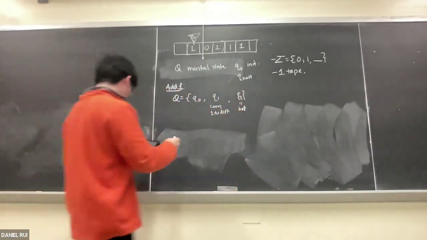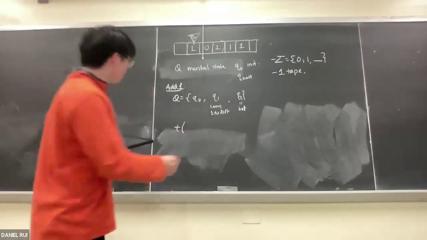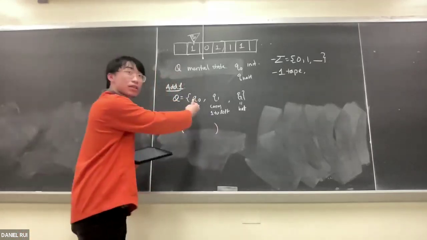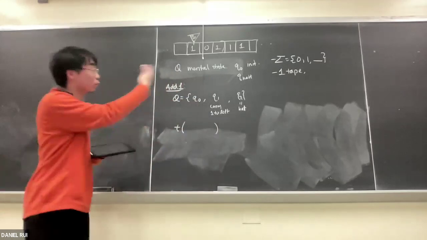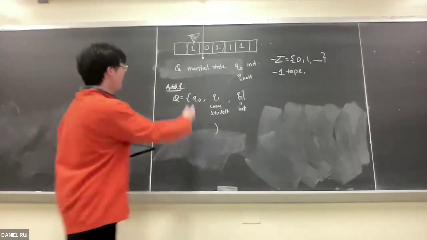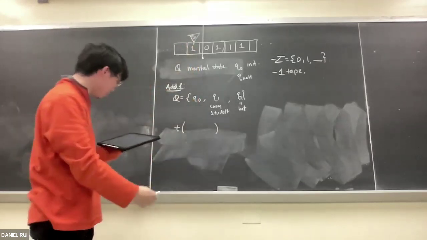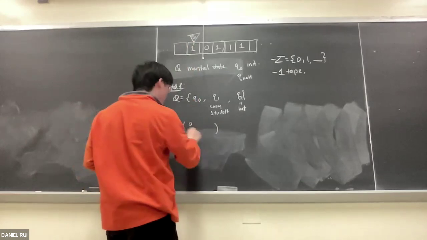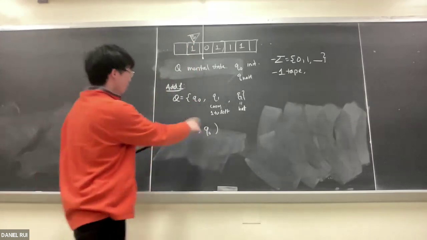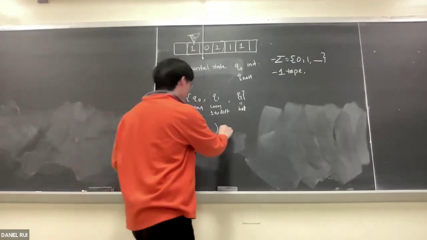And I'll have a transition function. So what does this transition function do? It takes in a mental state. I'm in a certain mental state when I'm performing this computation on a given clock step, and it is given a certain thing that I'm reading. So for example, if I read the number 1 and I'm in mental state Q0, which is the start state, then what do I want to do?